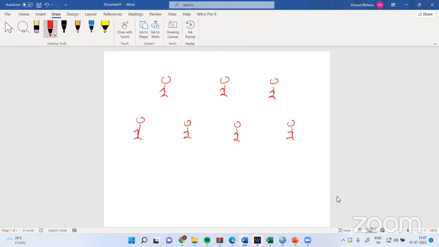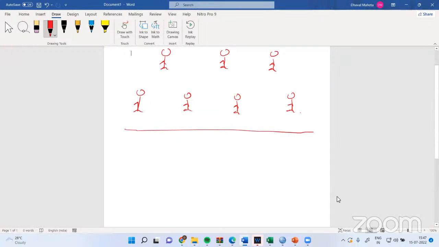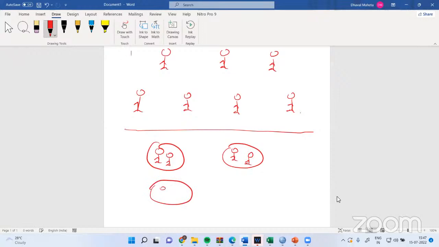Now, as the days pass, group formation happens. There will be one large group having some small groups here. Now, what are the bases of formation of these groups?